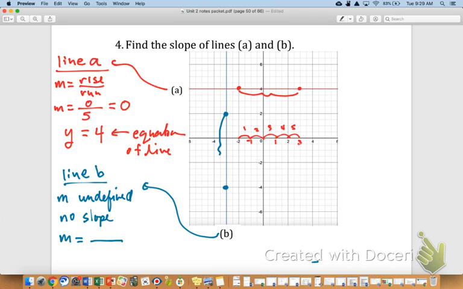Talking about from here to here. 6, right? From -4 to 2. The rise is 6. Now, this is where it gets a little weird. What's the run? 0 run. Do you guys remember back to our properties? You're not allowed in math to divide something by 0. So 6 divided by 0 is undefined. And so we'd say that a vertical line has undefined slope, or you could say that it has no slope.